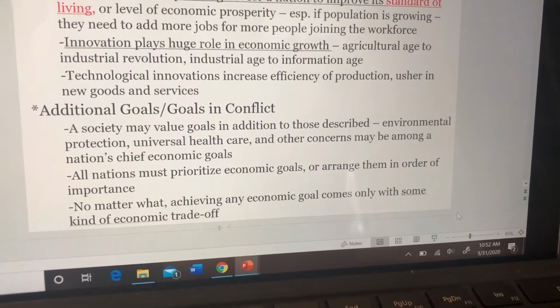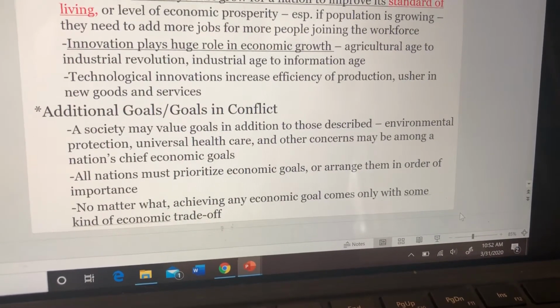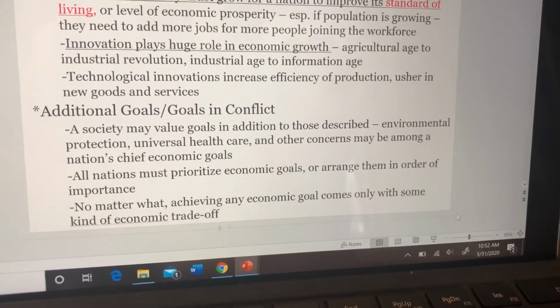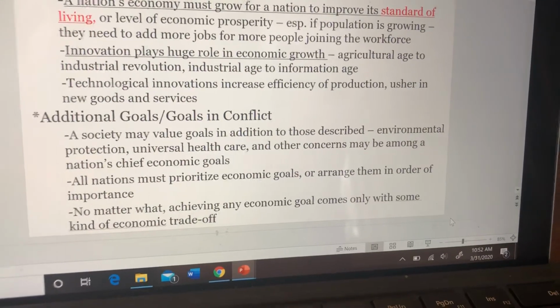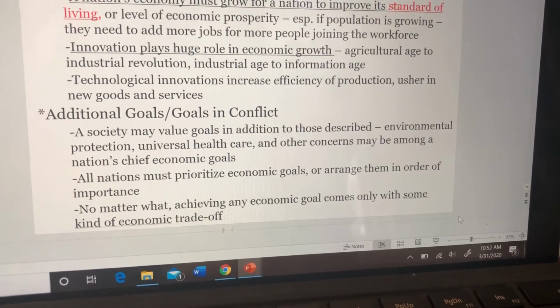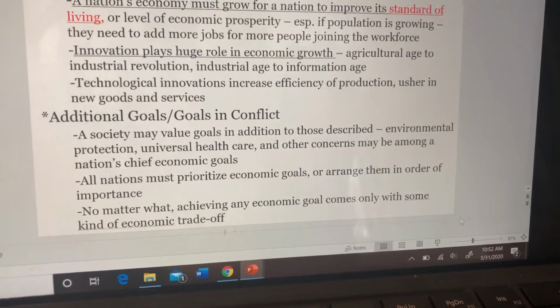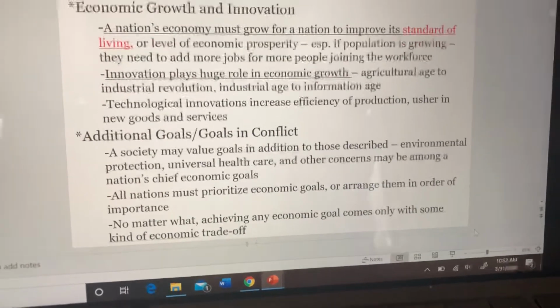So again, as I mentioned in the very beginning of this video, the countries have to prioritize. They have to decide how they're going to rank their goals. Is economic freedom number one over economic efficiency and growth? Is economic growth first? So each country will make those decisions, and they will be different.